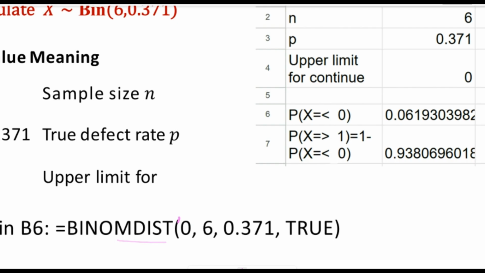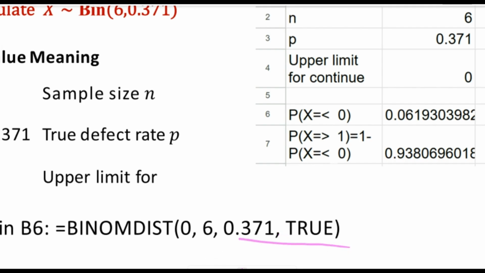And then you open the bracket, you write 0, or you can click on this cell, this is the upper limit for failure, and comma, number of trials, or you can click here, and then comma, and then you can click on probability, or you can write it, it's up to you, and then comma, and then write true. And you have to take care that there is a space between the comma and the number, comma, space here, and space there.